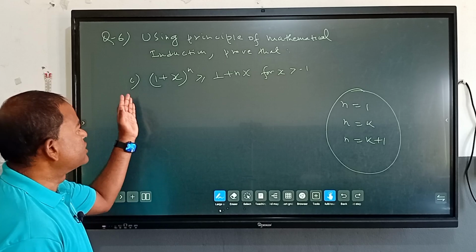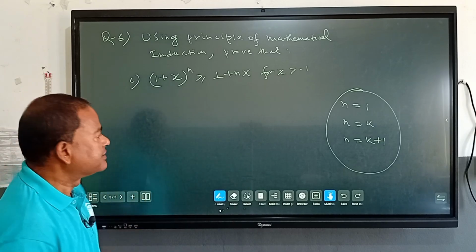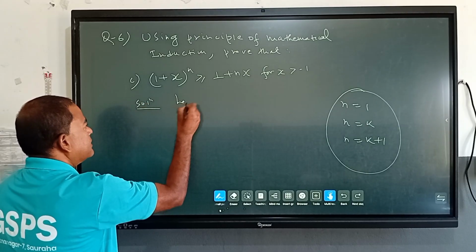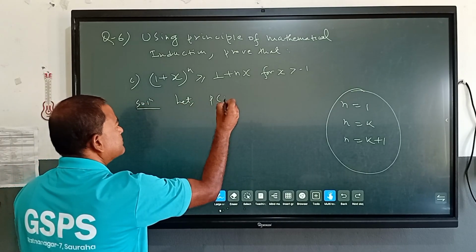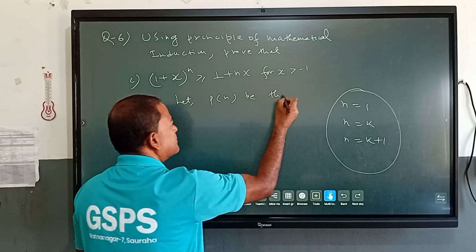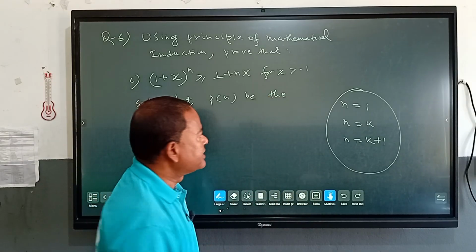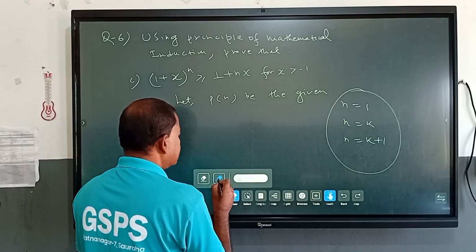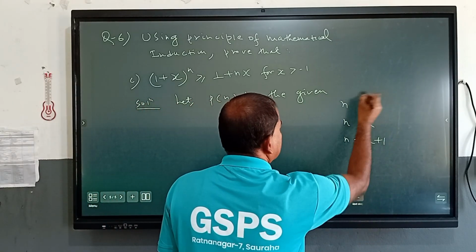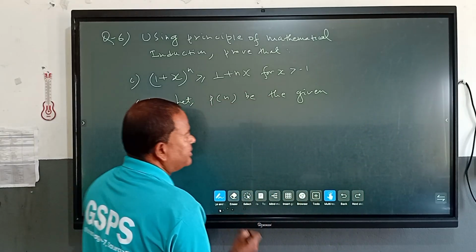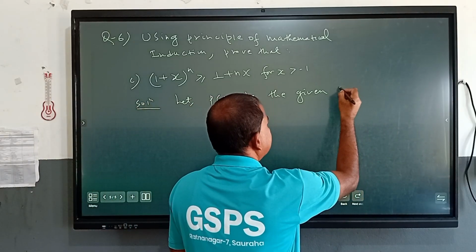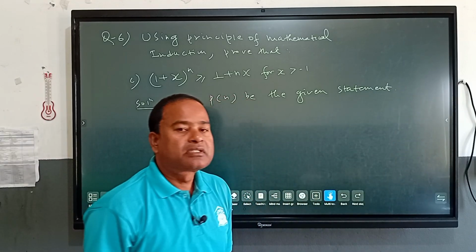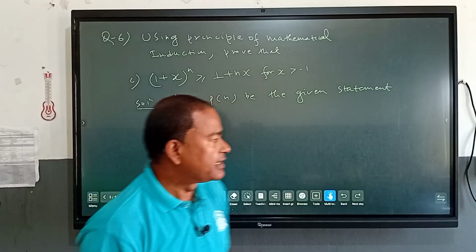So at first, we suppose the given statement as Pn. Solution. Let Pn be the given statement. So dear students, the given statement we have supposed as Pn.